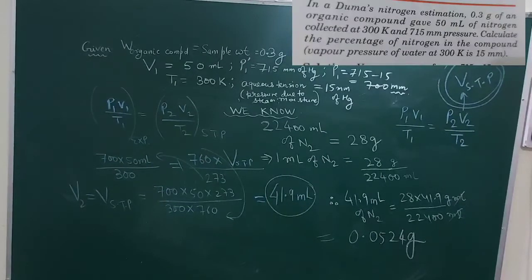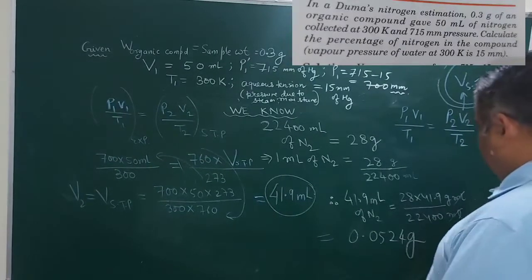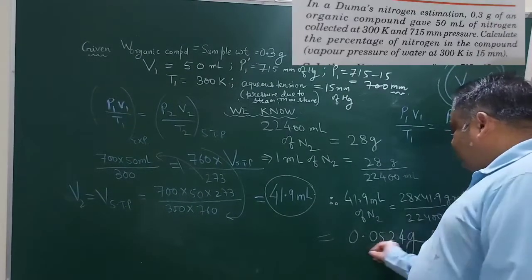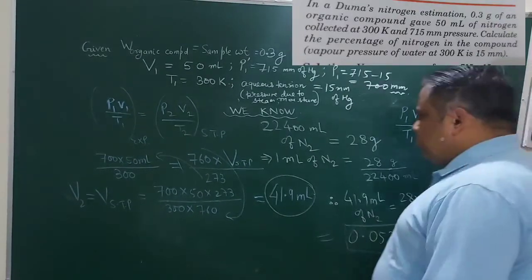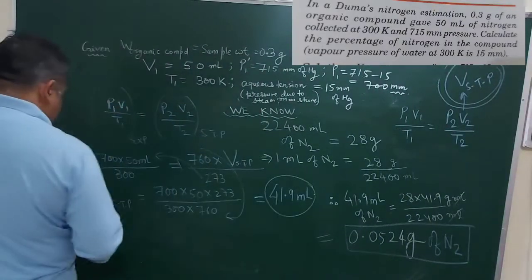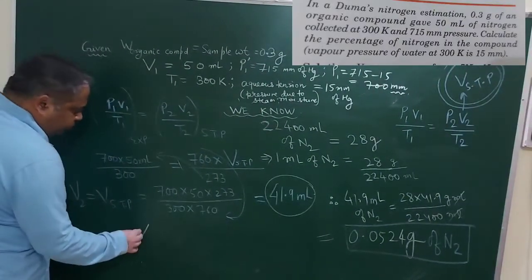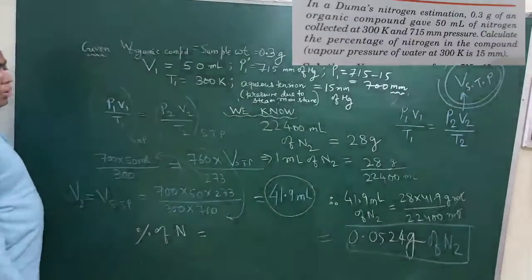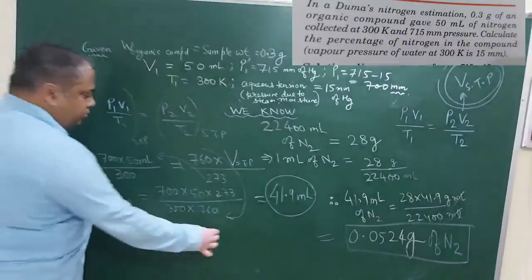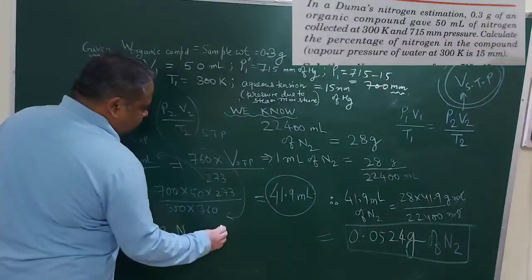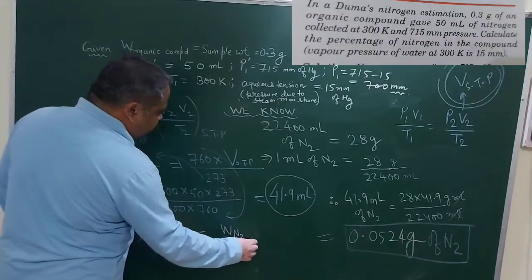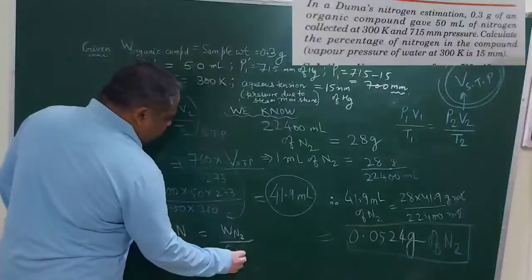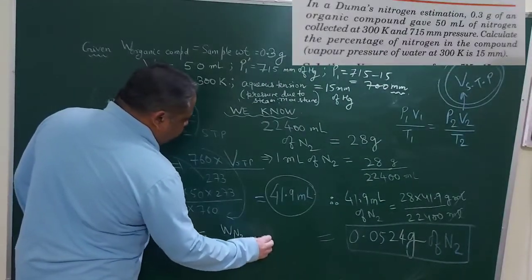Now we can find out the percentage. We know the weight of nitrogen. So percentage of nitrogen will be equal to weight of nitrogen divided by sample weight into 100.